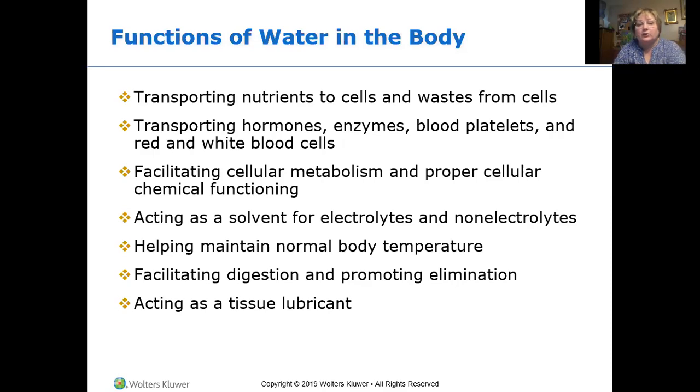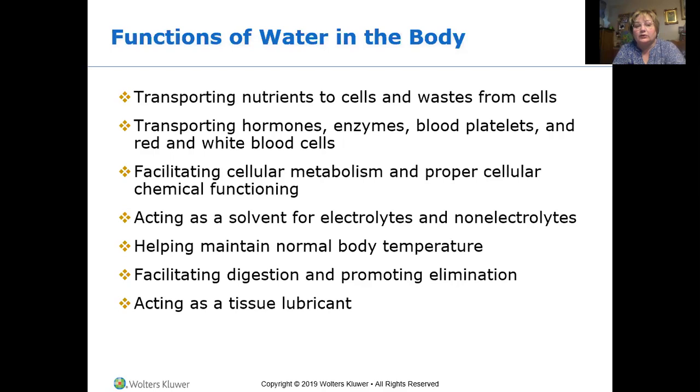So let's look at this very quickly. It does transport nutrients to cells and waste products from cells. So getting nutrients and food to our cells and getting the waste products that are then created out of the cells. Also, we're transporting hormones and enzymes, blood platelets, and red and white blood cells throughout the body. Those blood cells are important. White blood cells are important because of fighting infection, keeping us safe, protecting the body.